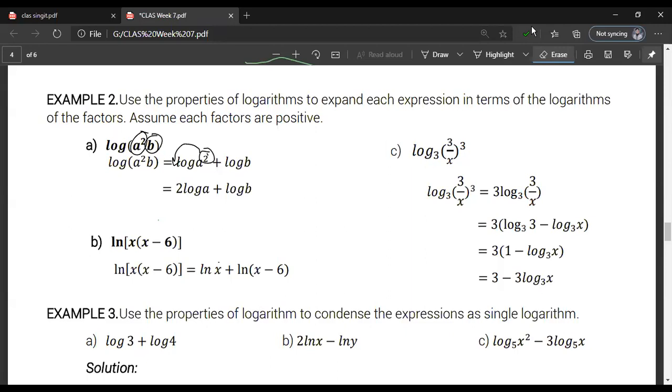Oh my God, brown out. Ay, wait lang. Brown out ba?